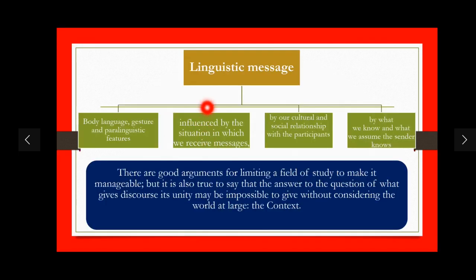Linguistic message. When we receive a message, we do not only pay attention to the words which are uttered, but we also pay attention to so many other factors apart from the language itself. For example, we pay attention to the body language, gesture, and paralinguistic features.